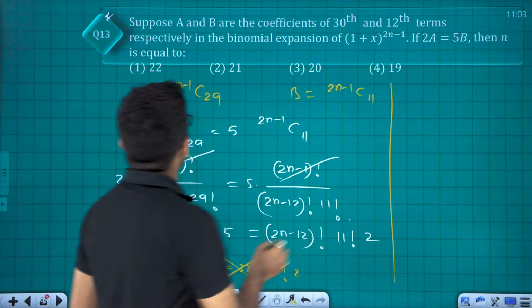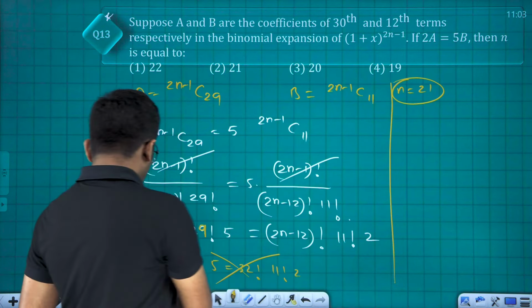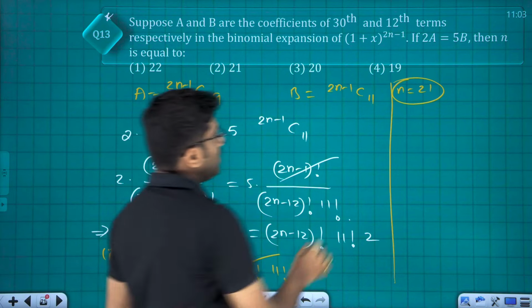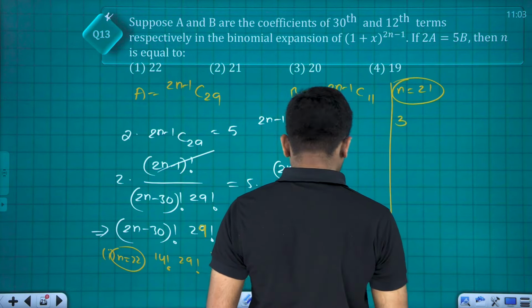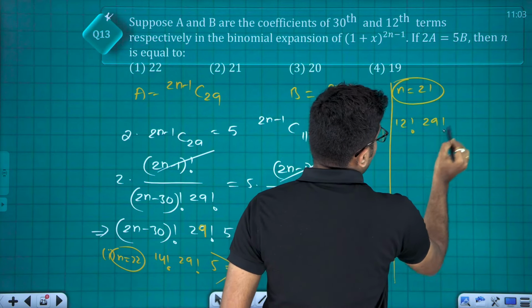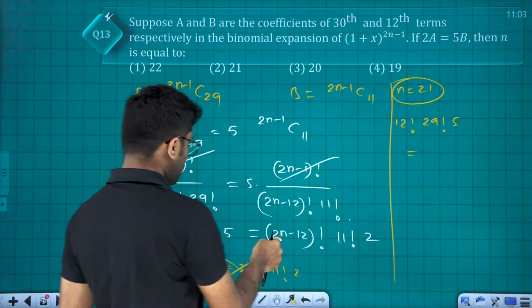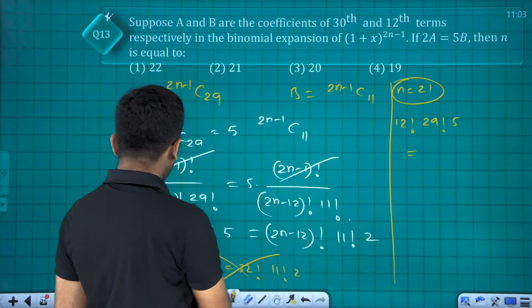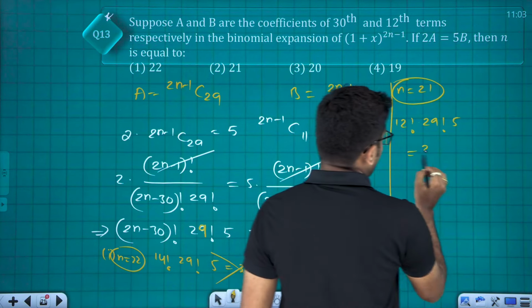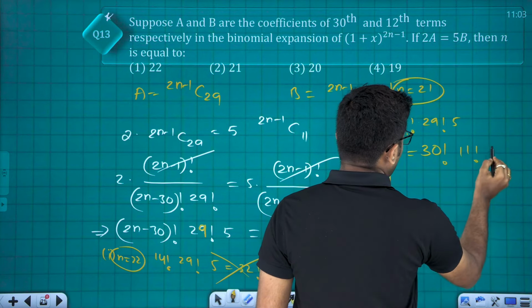Now put n equal to 21. 2 into 21 is 42, 42 minus 30 is 12 factorial into 29 factorial into 5 is equal to 42 minus 12, which is 30 factorial, into 11 factorial into 2.